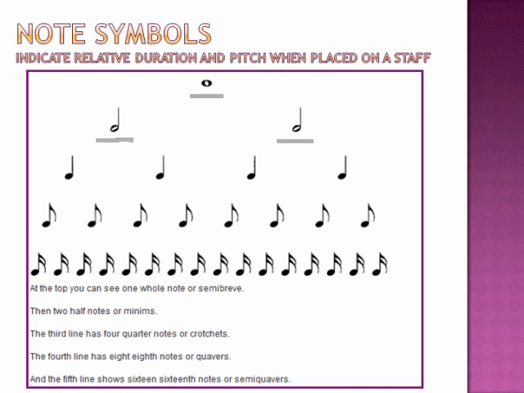Whole. Or you can say ta and listen to the pulse of those 4 beats. Ta. If you then go to the half note, you have half of a whole note, which is 2 beats, and the other half of a whole note, which is 2 beats.